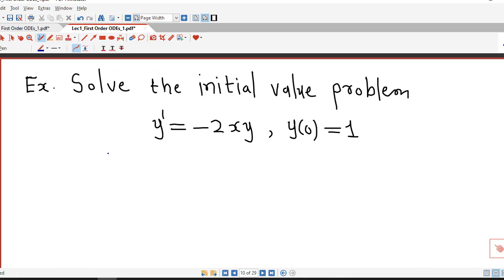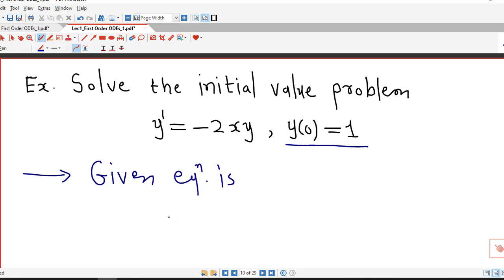Solve the initial value problem y dash equal to minus 2xy, and initial condition is when x is 0, y is 1. So first we write down given equation is dy by dx equal to minus 2xy.